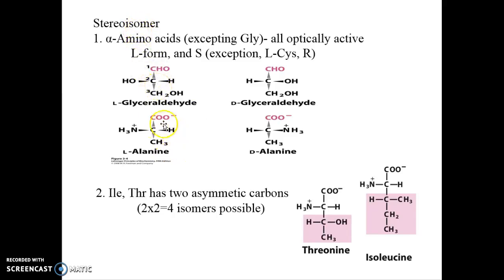As you see here, the amino acid, alanine in this case, could be present as L or D. All amino acids utilized in translation are L type.